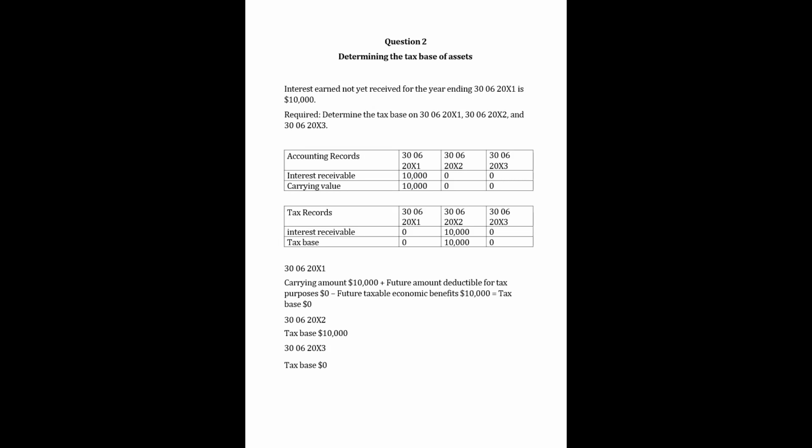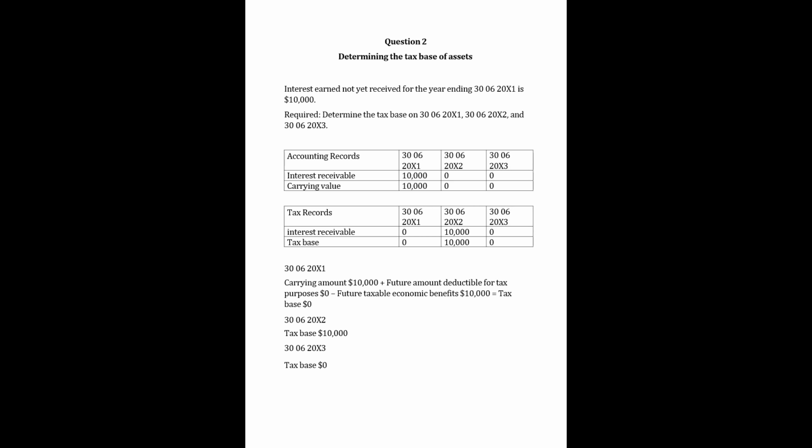Here's question 2. In question 2, interest earned not yet received for the year ended 30th June X1 is $10,000, and we are required to determine the tax base on 30th June 20X1, X2 and X3.